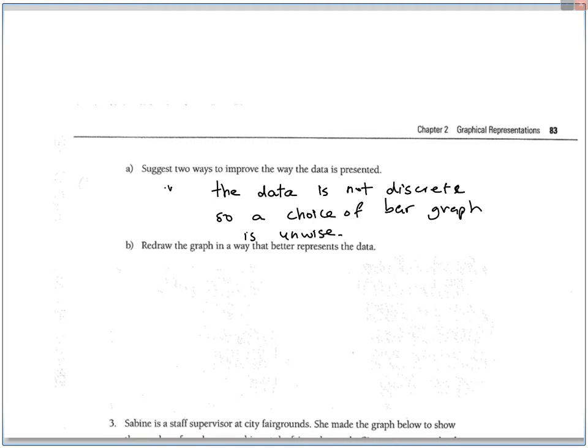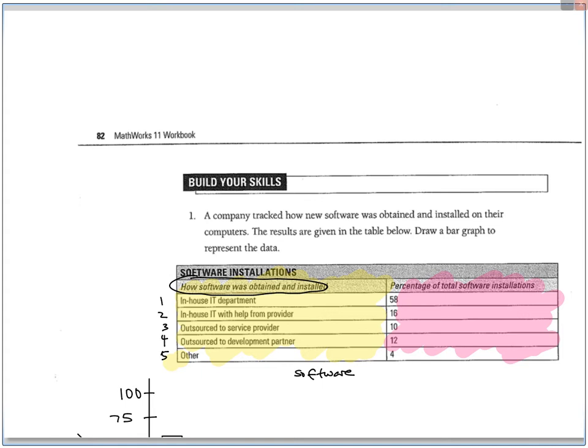I would have probably chosen the line graph. And that's what they want us to do in part B. So we have to redo this as a line graph.